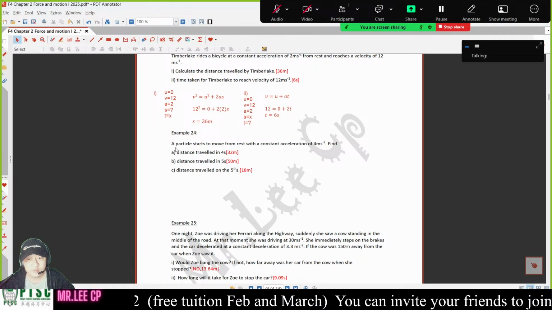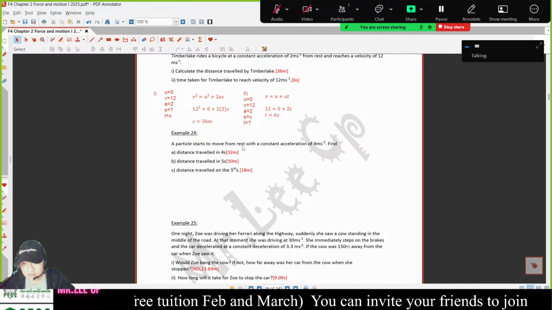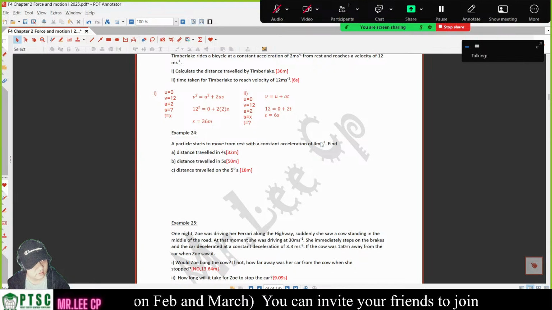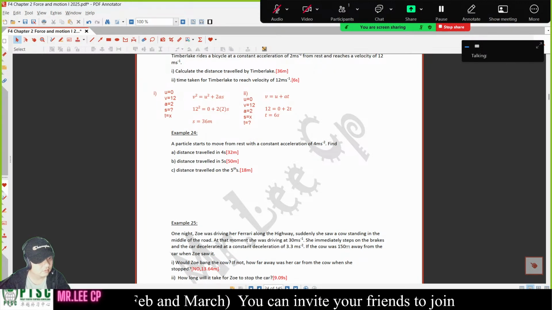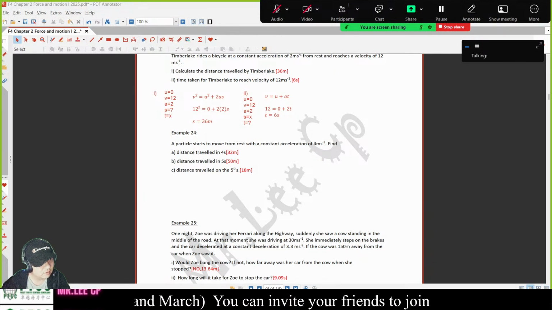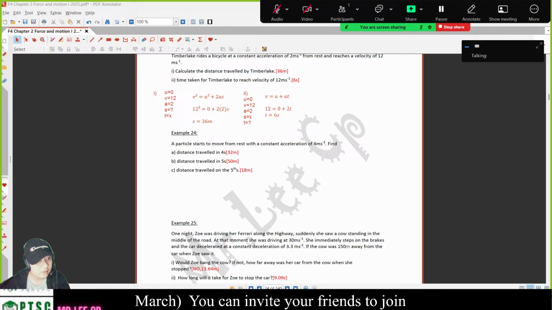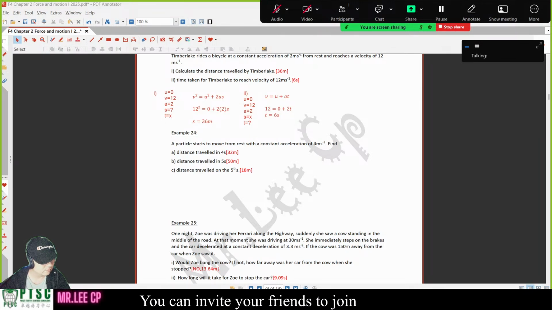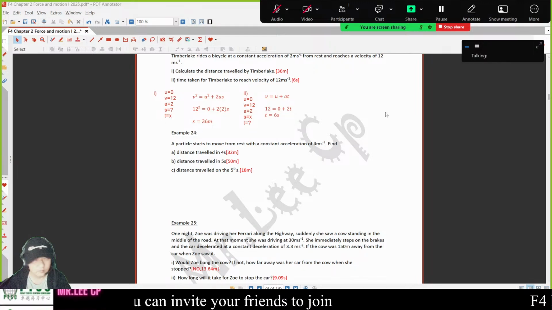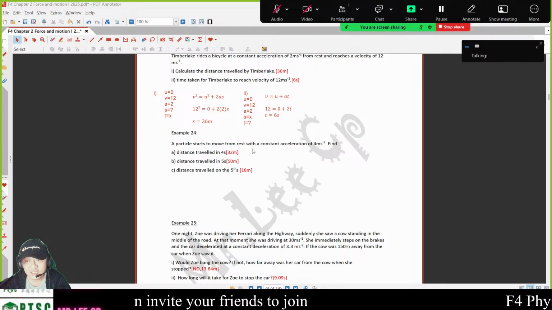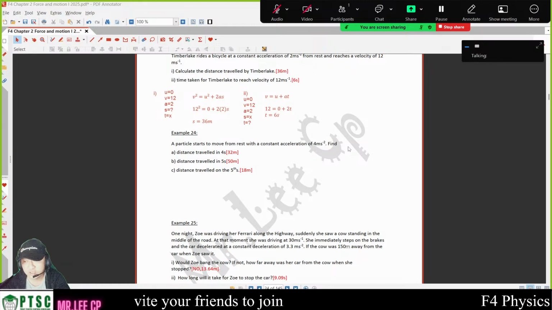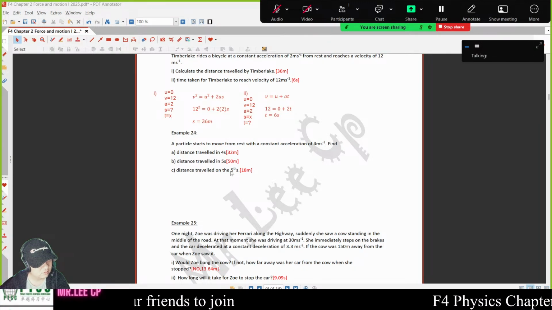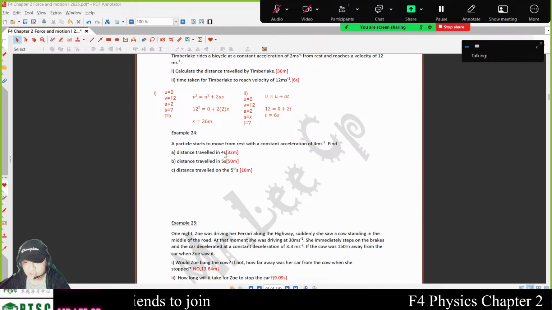Example number 24. A particle starts to move from rest with the constant acceleration of 4. Find the distance traveled in 4 seconds.